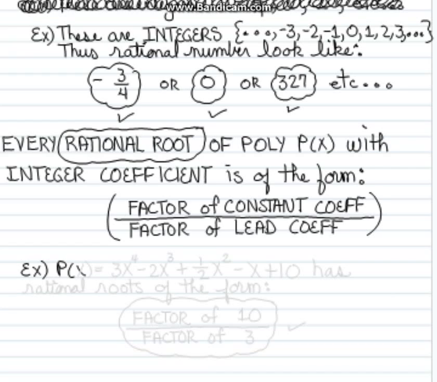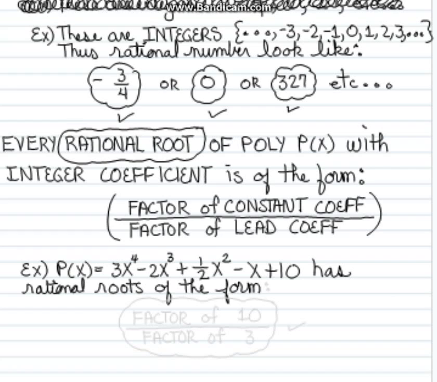P of x is equal to 3x to the fourth minus 2x cubed plus 1/2 times x squared minus x plus 10. Okay, so what are the rational roots of this polynomial? Okay, now wait a minute. I'd like to say the factors of 10 over factors of 3, but there's only one problem.